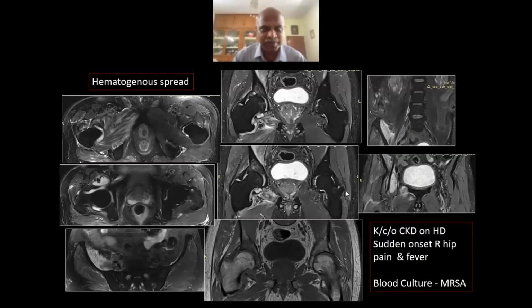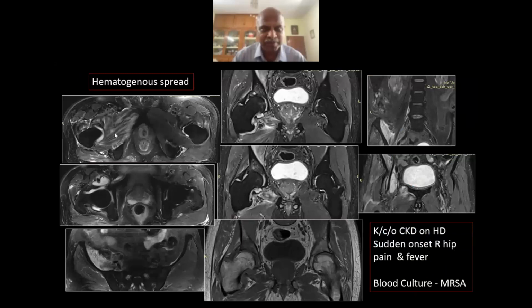So this is an example of a patient who's had hematogenous spread. He's a 63-year-old gentleman who has chronic renal disease and is on hemodialysis. He presented to us with sudden onset right hip pain and fever and a fixed flexion deformity at the right hip joint. We've done the MR imaging, and what we can see is that there is right hip joint effusion. There's a distended right iliopsoas bursitis there.